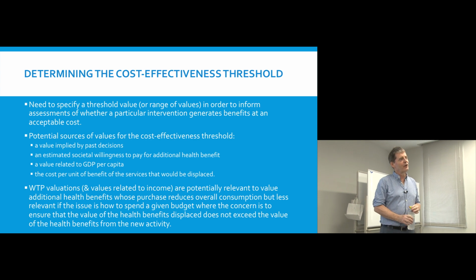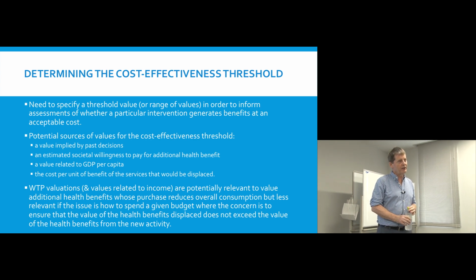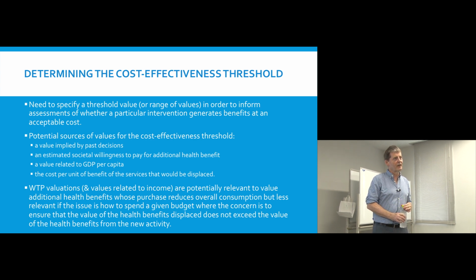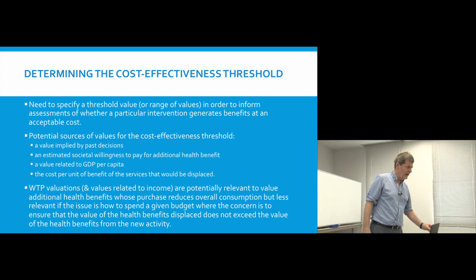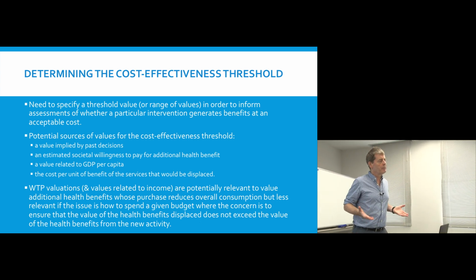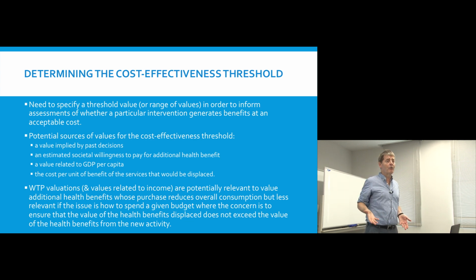It's not absolutely obvious why GDP per capita should be an indicator of cost effectiveness. I suppose in one very crude sense you can see the idea that if GDP per capita is very high, it's a very wealthy country. If you're very wealthy, then you are willing to spend a bit more to get a health benefit.